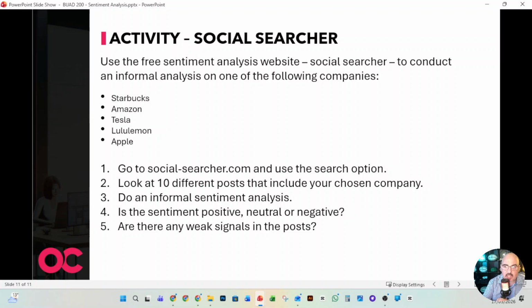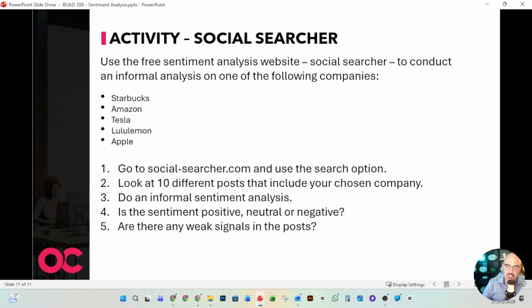So you can just have a look at 10 of those different posts and see, basically by doing an informal sentiment analysis, is the feedback positive? Is it neutral? Is it negative? How many comments are actually falling into those ranges, right? And then also, are there any weak signals popping up? Are there any sort of smaller things that might become bigger problems in the future, right?